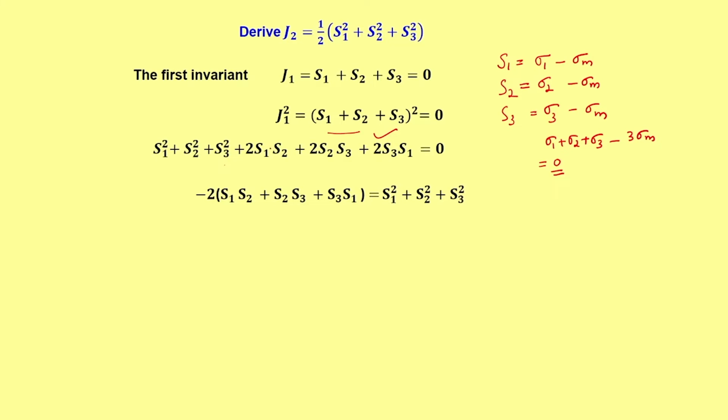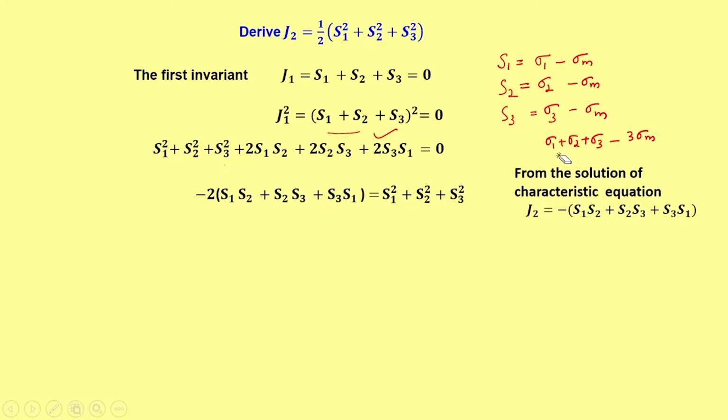So, if you take 2 outside and bring it to the other side, you can write minus 2 into S1 S2 plus S2 S3 plus S3 S1 is equal to S1 square plus S2 square plus S3 square.